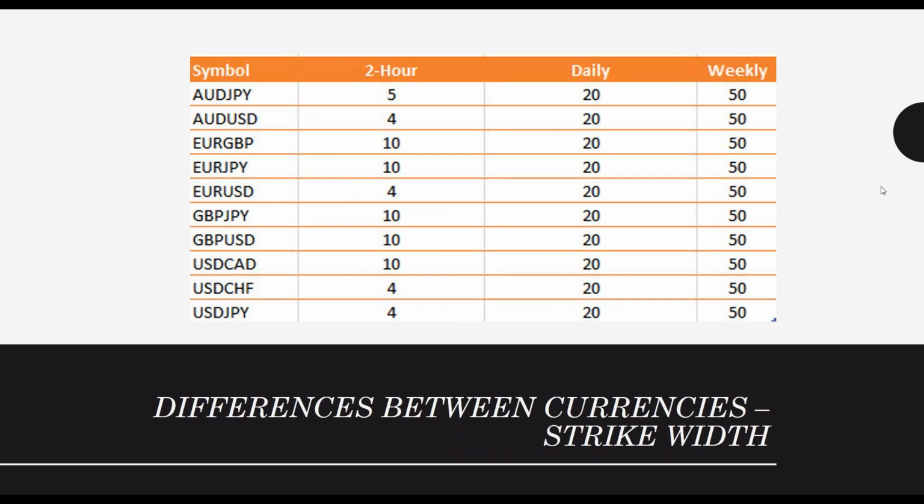Now, does everybody know these set daily expirations? It's 3 a.m., 7 a.m., 11 a.m., 3 p.m., 7 p.m., and 11 p.m. So in addition to all of those others, you have 6 daily expirations to choose from as well.